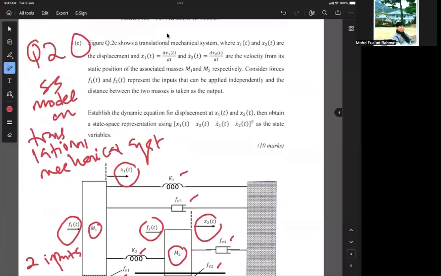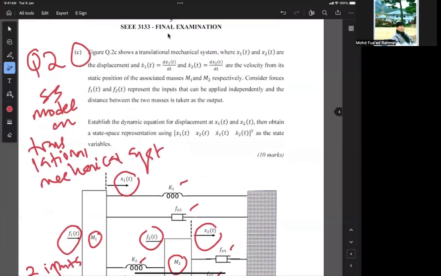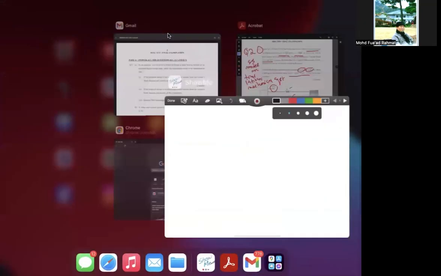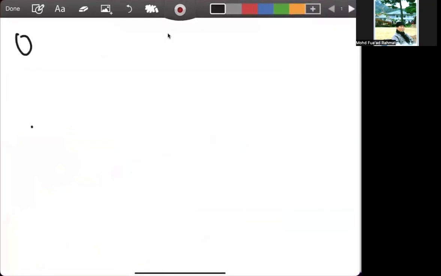So in this case, you have two displacements and two velocities, X1 dot and X2 dot, and two forces, F1 and F2. You are required to establish the dynamic equation for X1 and X2 with the given state space variables X1, X2, X1 dot and X2 dot.